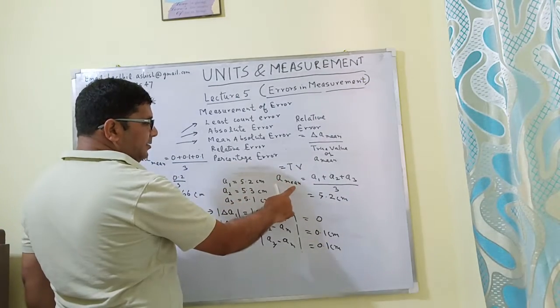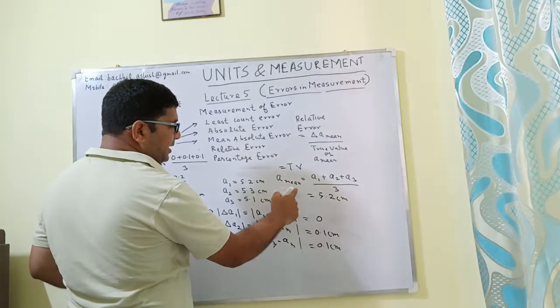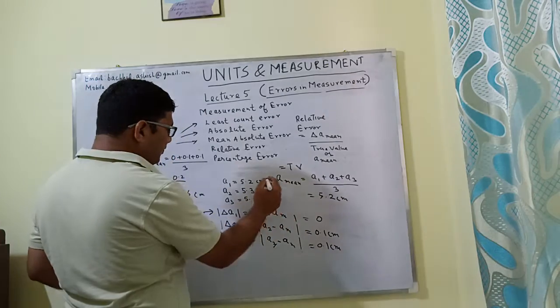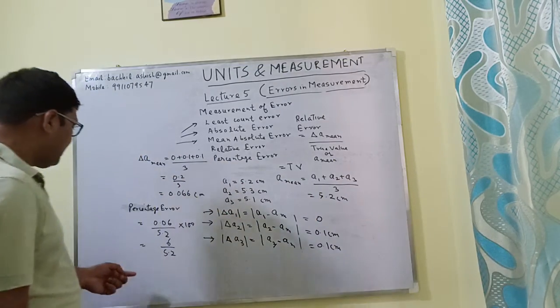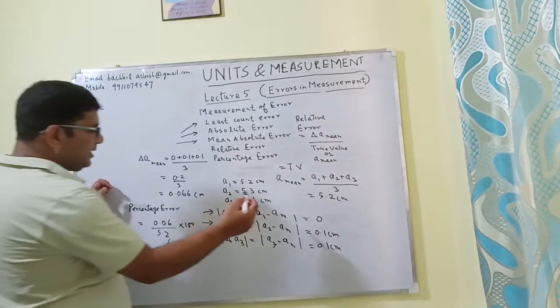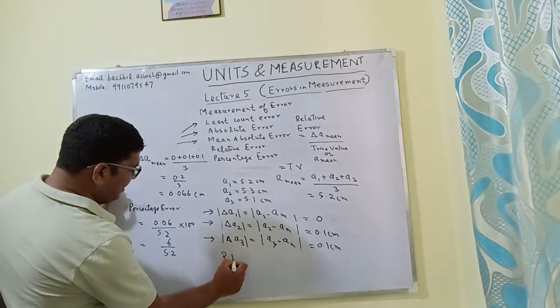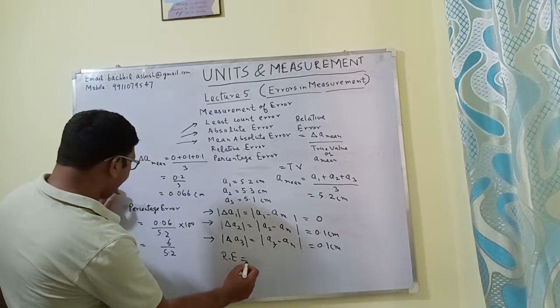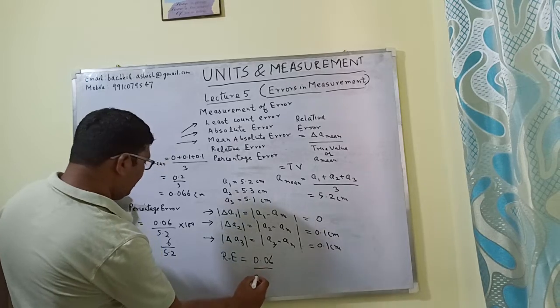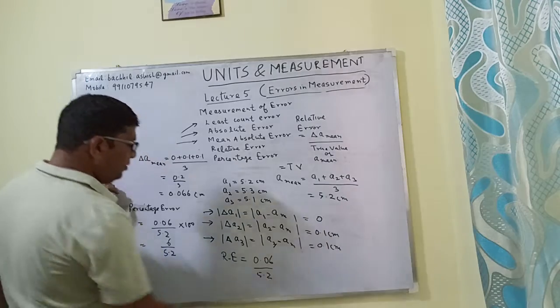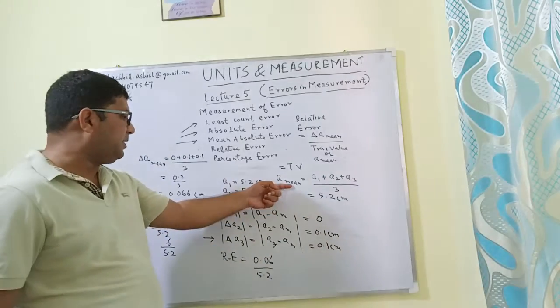Here the value which we have taken, the arithmetic mean of these three readings, was equal to 5.2. Based on that, we have calculated the relative error as 0.06 divided by 5.2, where 5.2 is the mean.